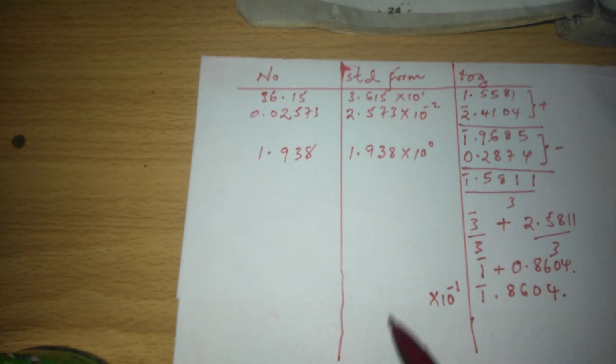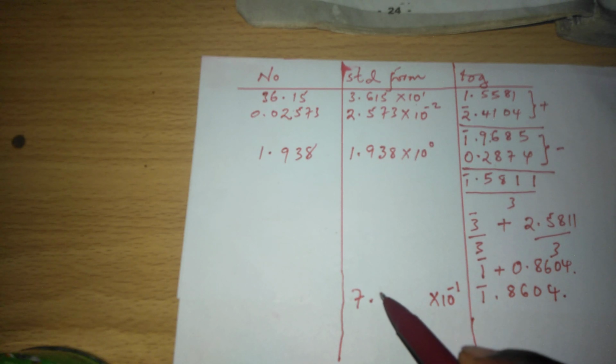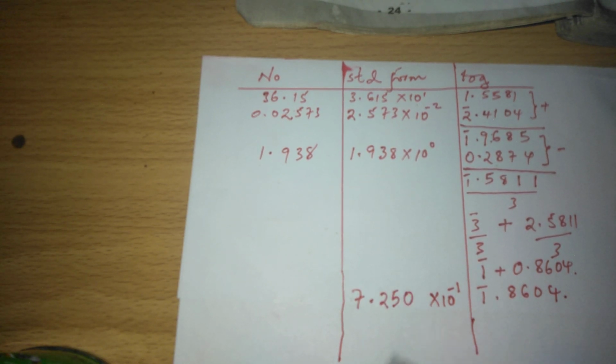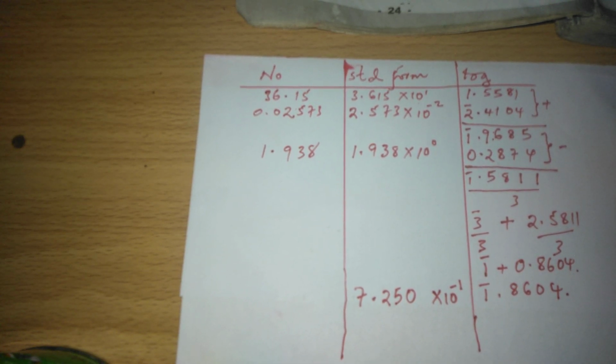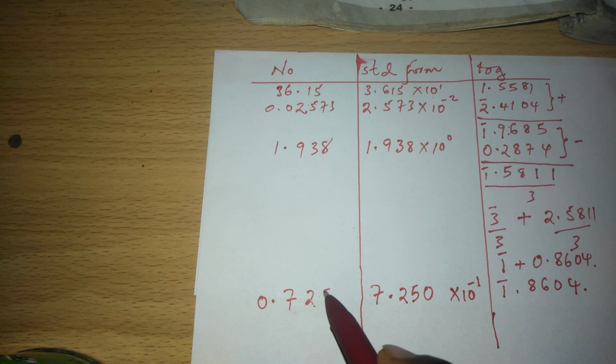And this will give us 7.250, which means now the final answer will be when we multiply with 10 to the power of negative 1, and this will give us 0.725.